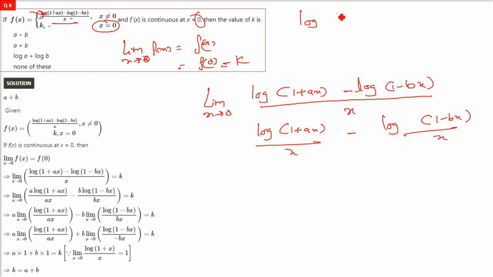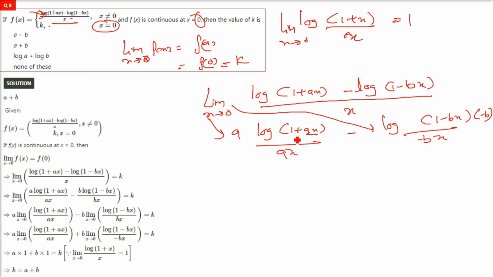Please remember, as I told you earlier also, limit x tends to 0 of log(1 plus x) divided by x is equal to 1. So since we have ax, we have a in the denominator, numerator also we introduce. Since it is minus bx, so you can have a minus b here, multiplied by minus b in the numerator.